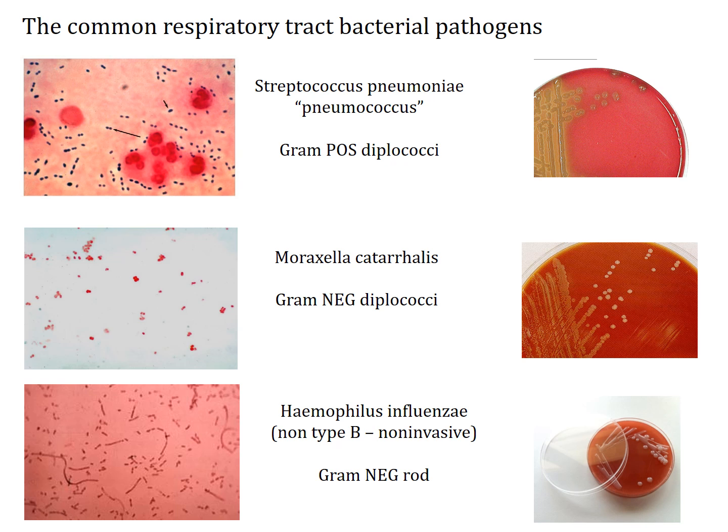Diplococci, they live as 2 cocci, or 2 circles next to each other. Moraxella, a gram-negative diplococci, gram-negative staining red. Haemophilus influenzae, non-type B, a gram-negative rod. So staining red is a negative, but rather than having a circular appearance, it tends to have more of an elongated, rectangular appearance. All of these organisms can be fairly aggressive and lead to all sorts of bacterial infection along the respiratory tract.